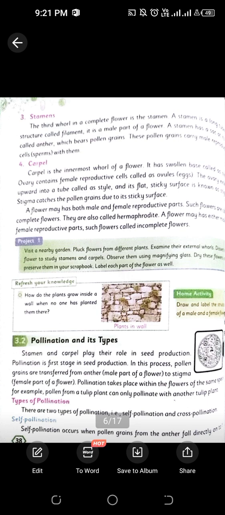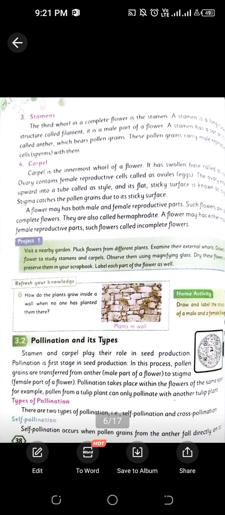The male part is known as anther and the female part is known as stigma. So basically pollen from the anther is transferred to the stigma and then they fuse together, and then new seeds are formed.